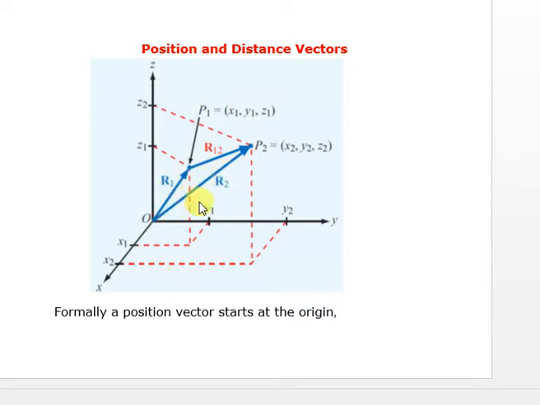Vector r1 and vector r2 start from the origin O. Please see here, this is point P1 and this is point P2. The coordinates of point P1 are x1, y1, z1, and the coordinates of point P2 are x2, y2, z2.